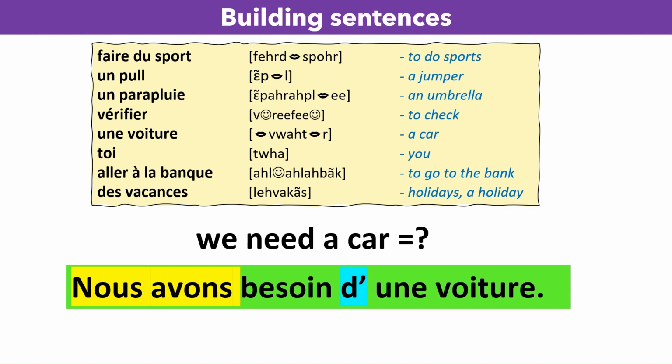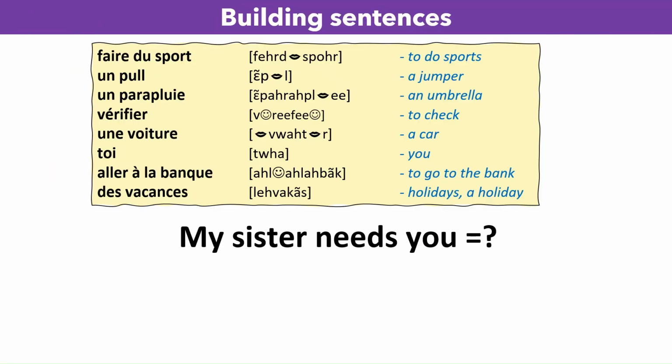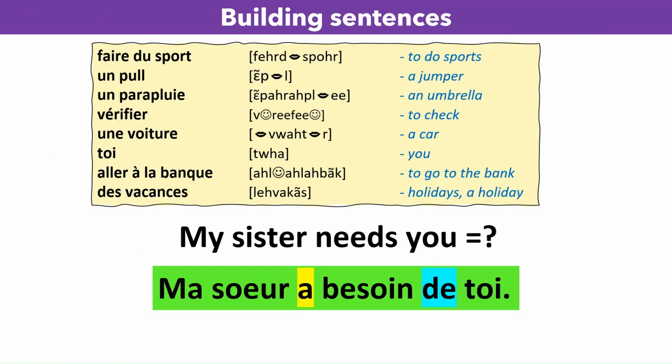Or you could use the more familiar form of we have, which is on a. On a besoin d'une voiture. Ma sœur a besoin de toi.